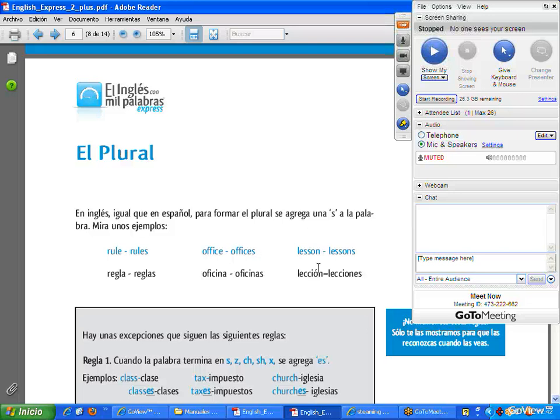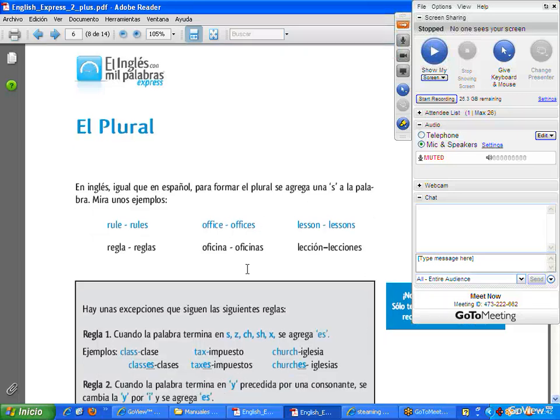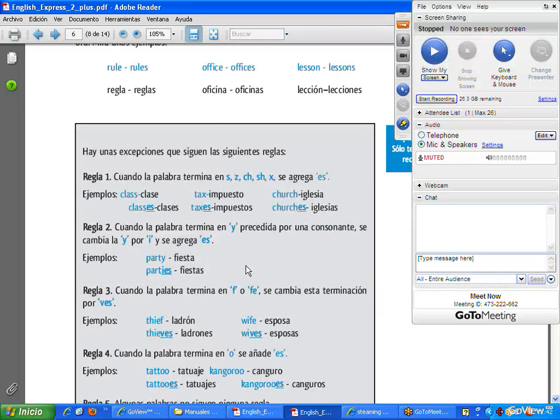Well, there are some exceptions, and they have their own rules, okay? When the word ends in an S, a Z, a CH or SH or an X, you have to add ES. Recuerda, es un poquito lo mismo con el third person singular with the verbs.